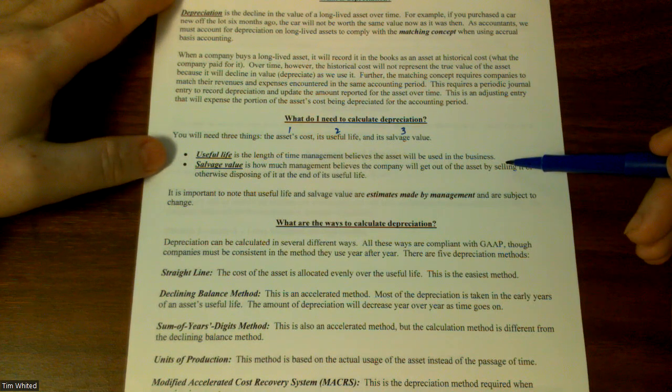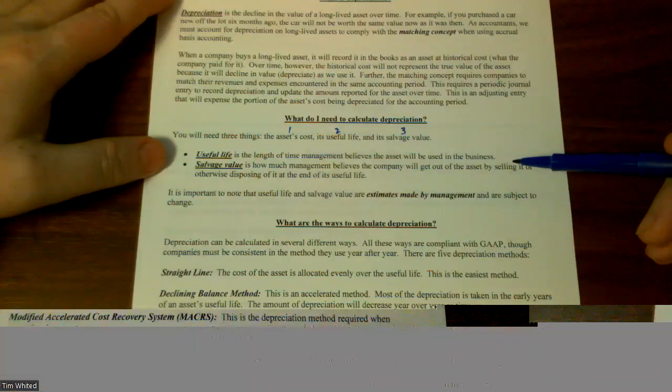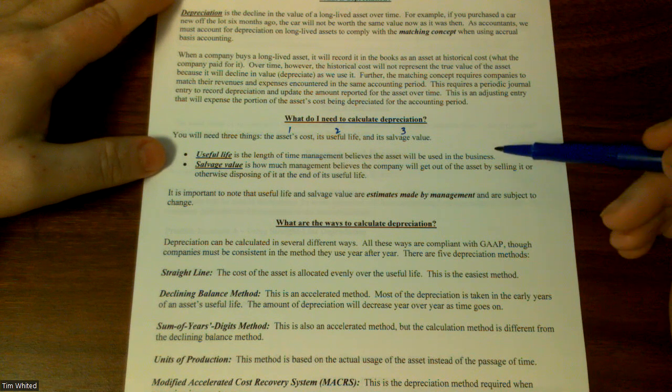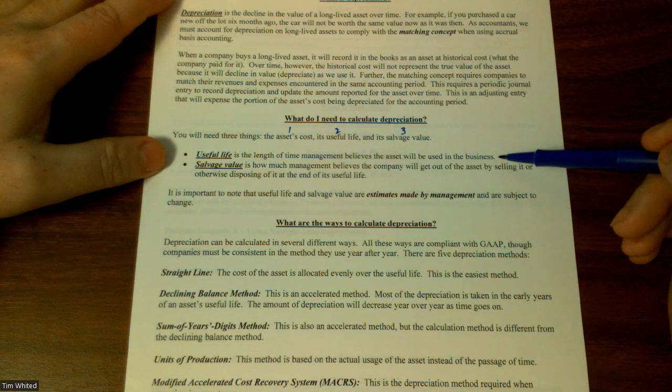Useful life is, how long do we think we're going to use this asset in our business? So depending on the asset, maybe we think we're only going to use it for 3, 4, 5 years. Some other assets, like maybe a building, we anticipate we're going to be in that building for the next 70 years. So this is something that management will determine.